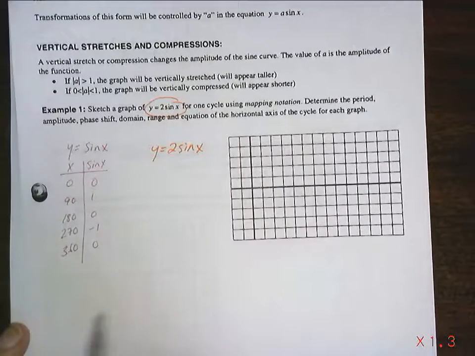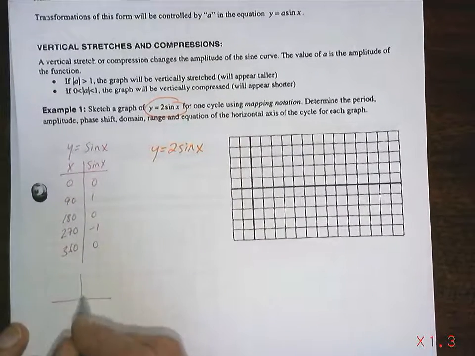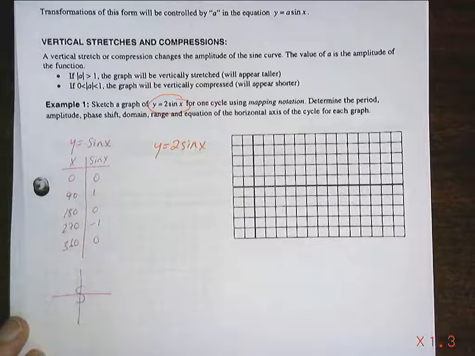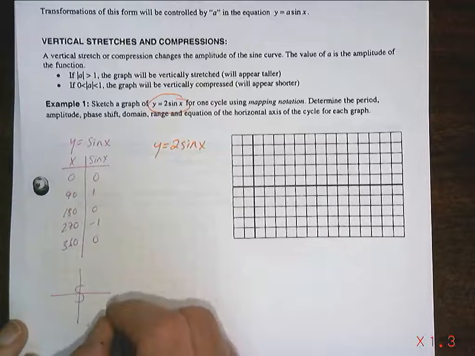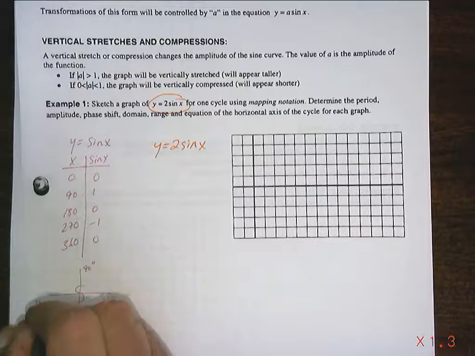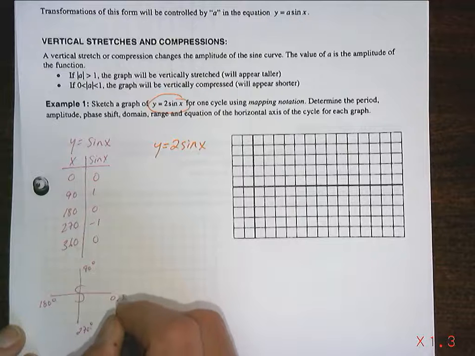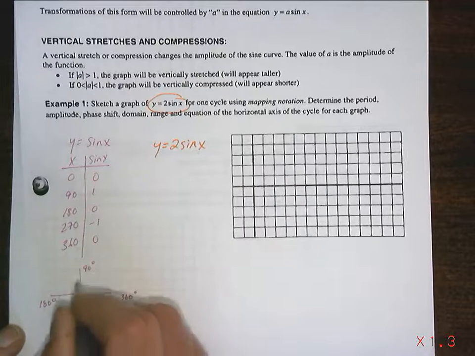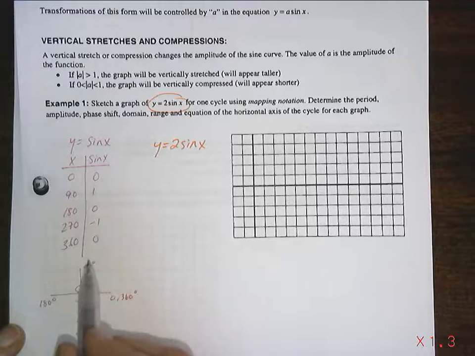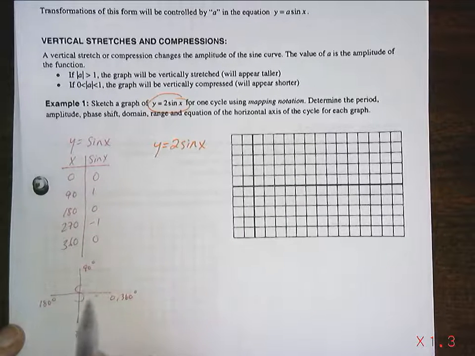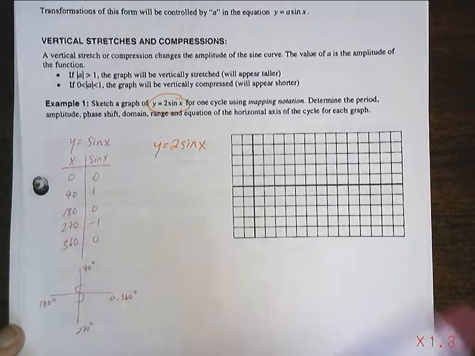Here's another way to write it out. I put an S to stand for sine, and 0, 90 degrees, 180 degrees, 270 degrees, 360 degrees. So I've basically said if I'm going around and around, it would be 90 degrees starting from my initial arm, then 180, and so on.